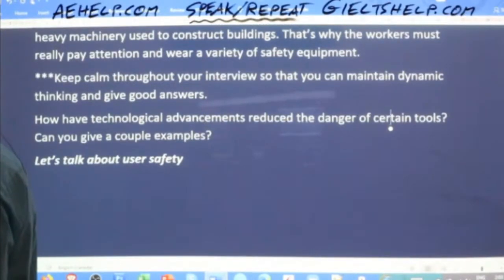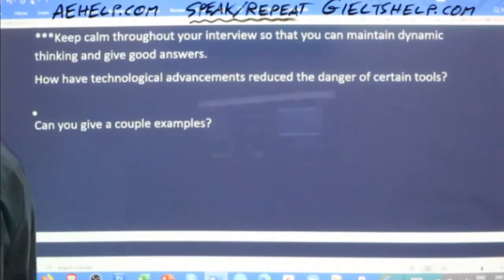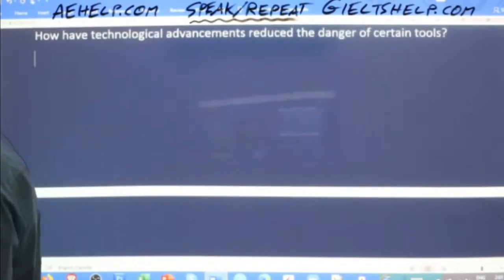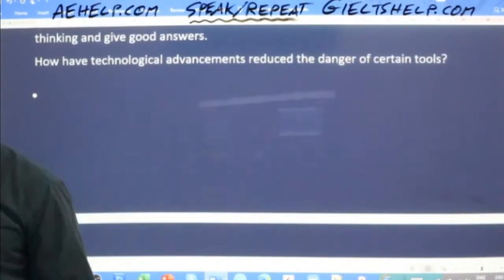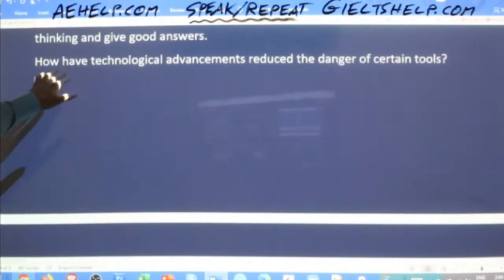How have technological advancements reduced the danger of certain tools? Okay. So the reason you always see the questions in pairs is because there's always a follow-up. Here, give me an answer. Pay attention to the grammar.